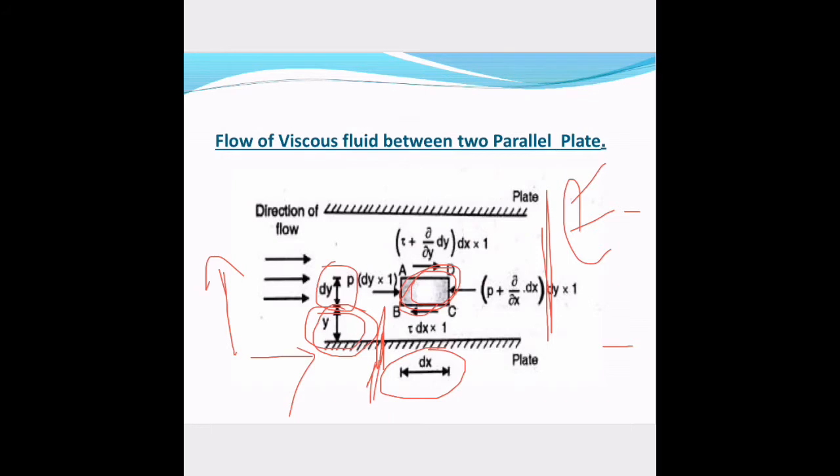The direction of this force is opposite to the direction of fluid flow, isn't it? So this force will be taken as negative, okay? So the force on the wall DC is P plus del P by del x dx, whole into dy into 1, okay?